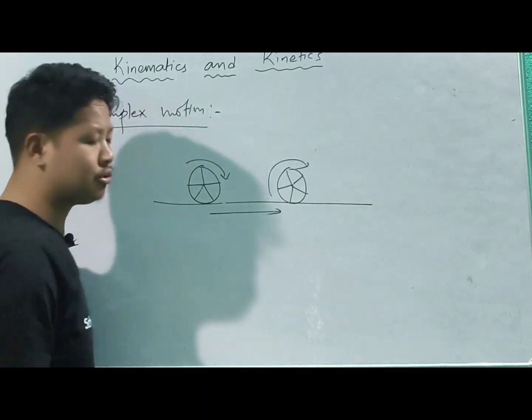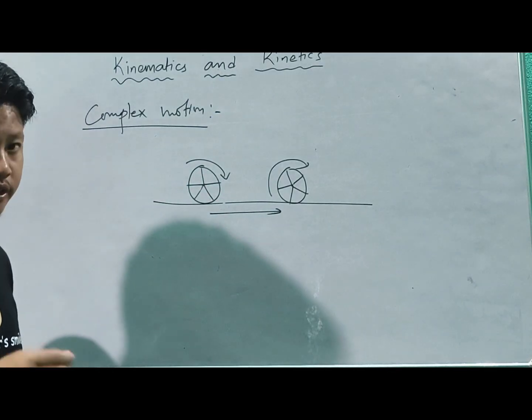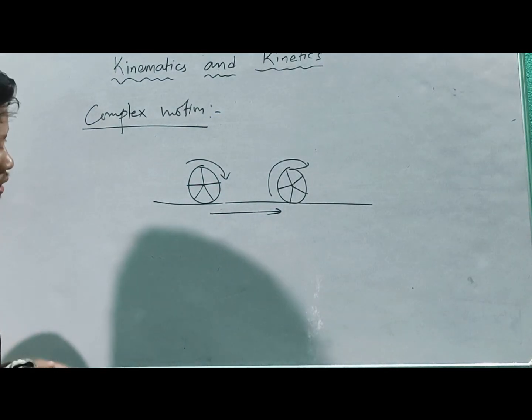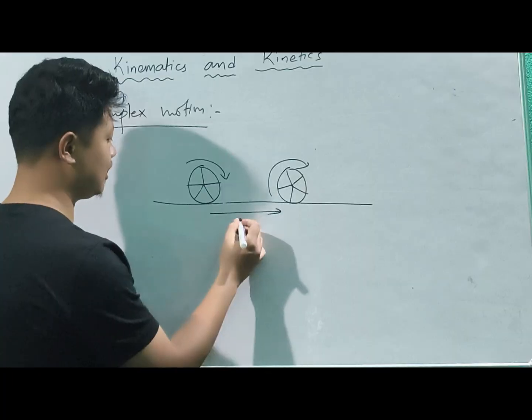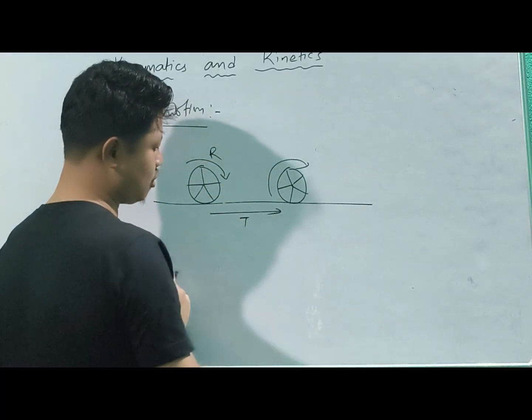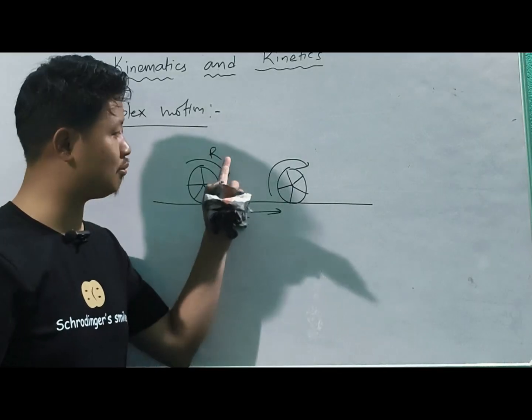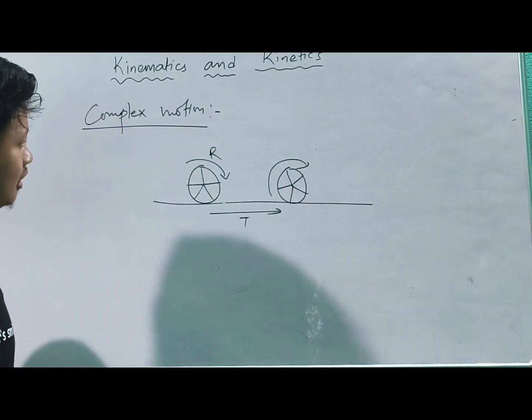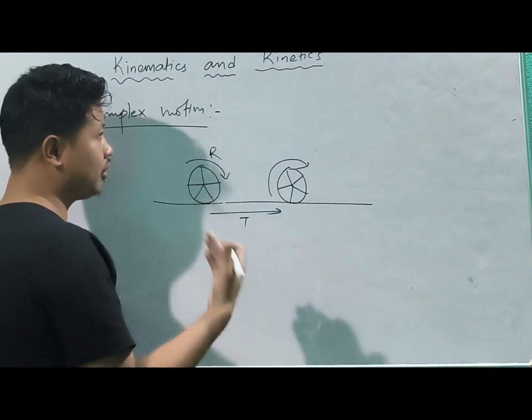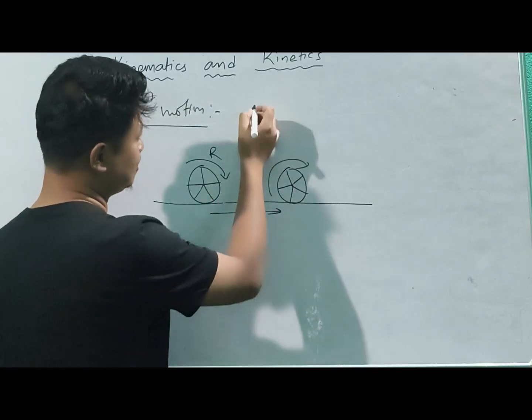Yes or no? So here you saw both types of motions occurring simultaneously, translational as well as rotational. This type of motion where you can see both rotational and translational motion simultaneously, we call a complex motion.